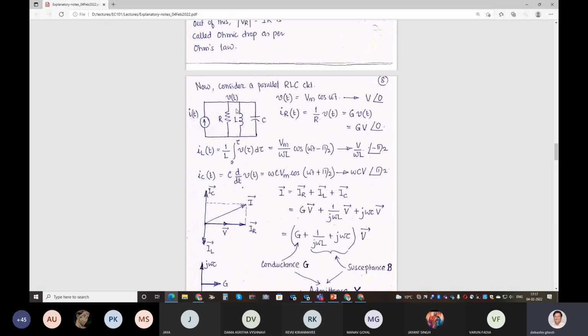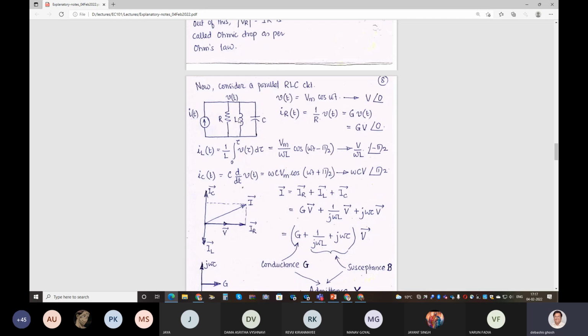Effectively, this parallel combination is like an open circuit.